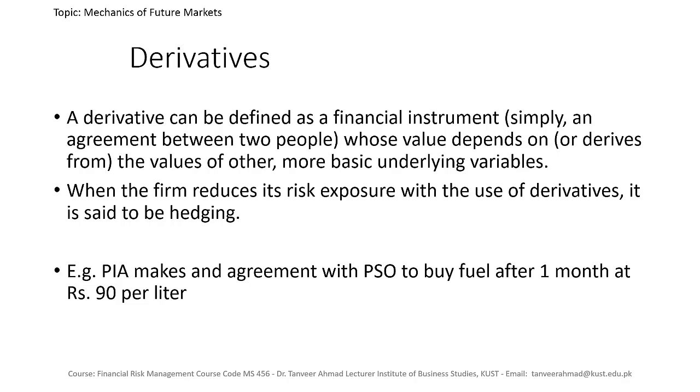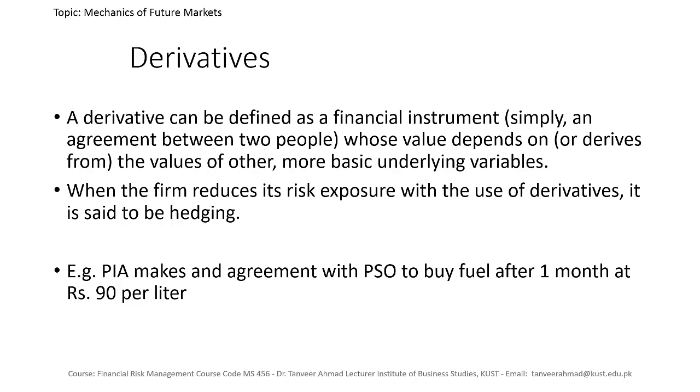So I may ask, the value of this agreement between PIA and PSO depends on what? The value of this agreement depends on the price of the fuel. So the fuel is basically the underlying asset, right? And the value of this agreement, remember, is a derivative. So the value of this derivative depends on the fuel.